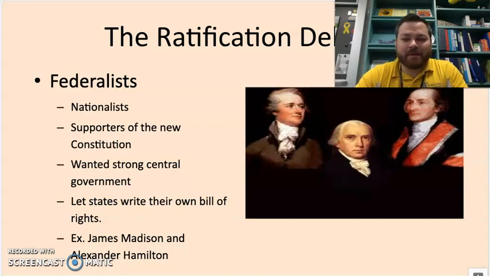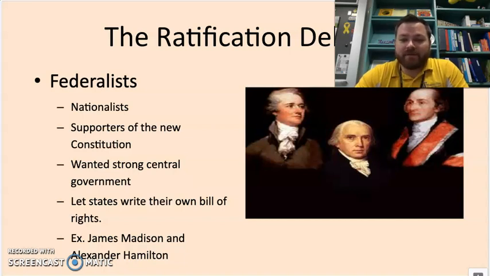They say states can write their own Bill of Rights because states are still going to be the preeminent policy-making entities initially. That was the intent of the Constitution, was that the states are still going to be far more active and dynamic than the national government because they have a lot more ability to make law.